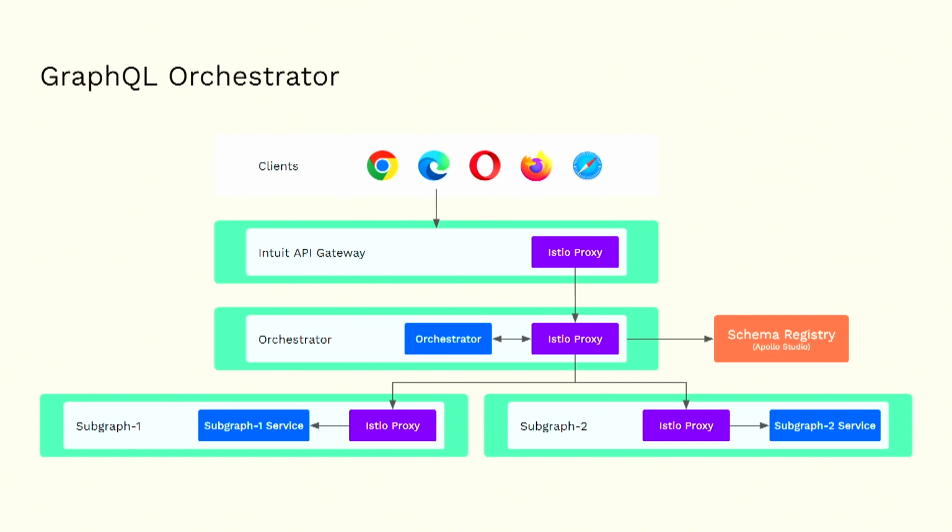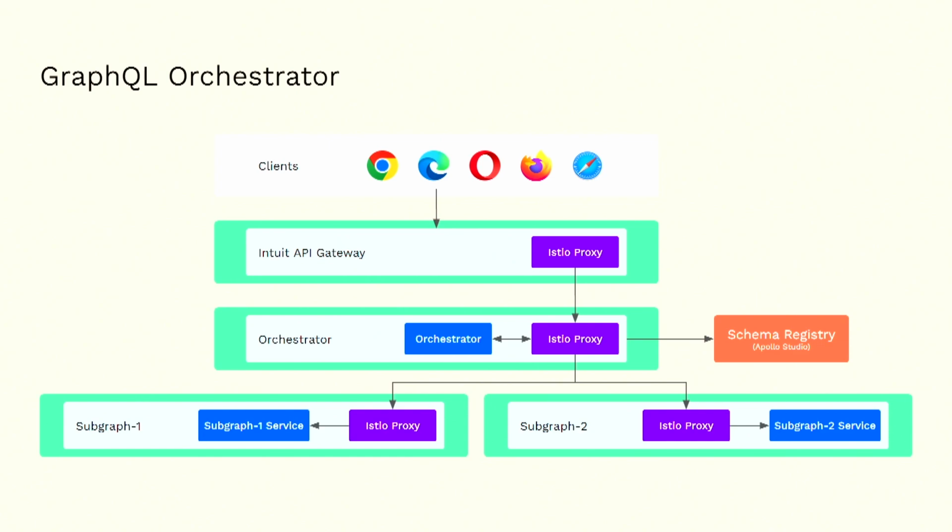The orchestrator is above the subgraphs, and it is behind Intuit API gateway. Intuit API gateway is a common API gateway that serves all the REST gateway traffic as well. This is the ingress for all traffic into Intuit. So for GraphQL as well, we are going through this. The API gateway does the normal gateway related stuff like DDoS prevention, WAF rules, and it also does authentication for us.